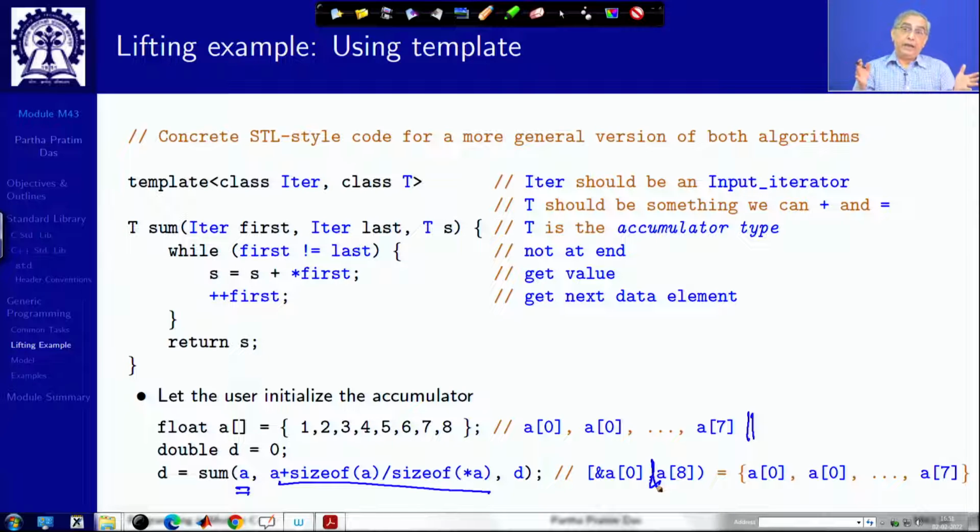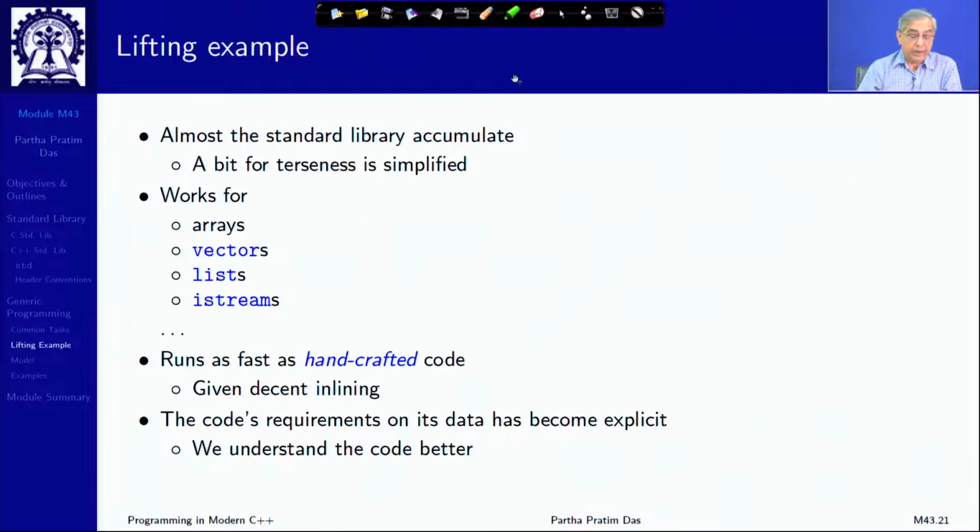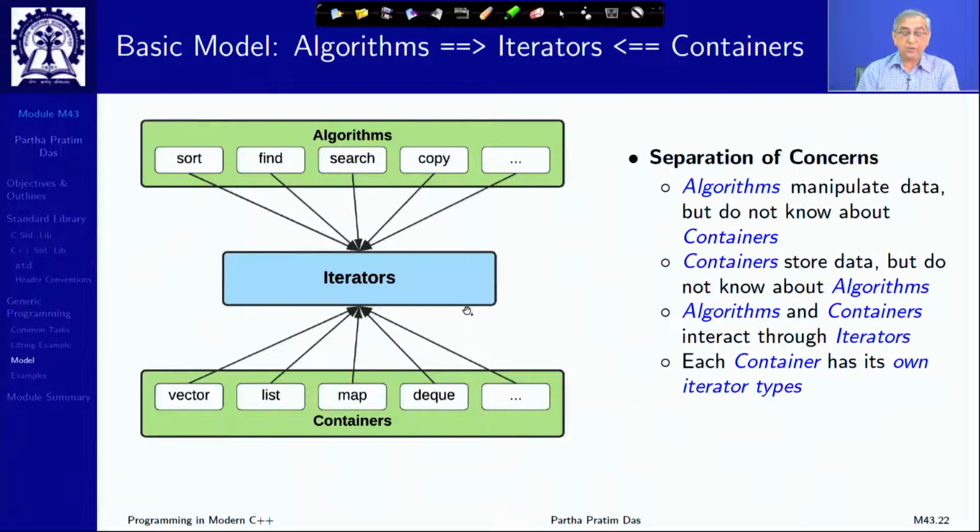This is my end, last iter, right. So, with this generalization, now I can easily do things uniformly for arrays, for vectors, for lists and so on, and that will be as efficient as doing it in handcrafted code.